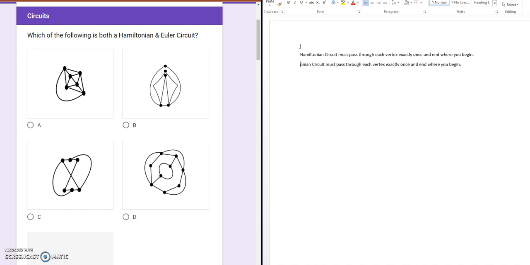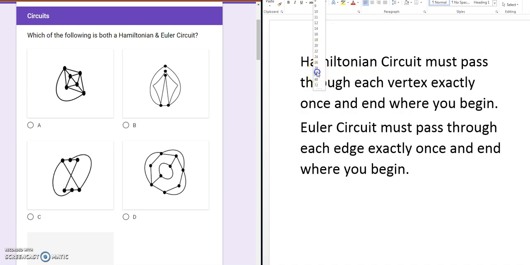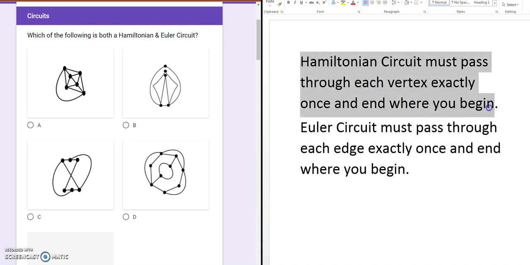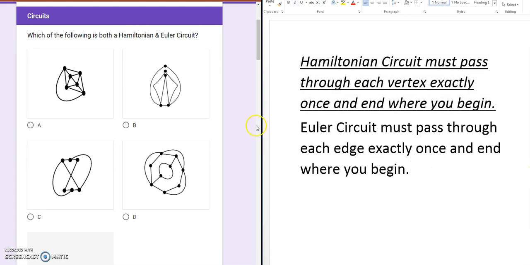An Euler circuit must pass through each edge exactly once and end where you begin. So I'll make this font a little bigger so you can see it. All right, so which of the following is both?